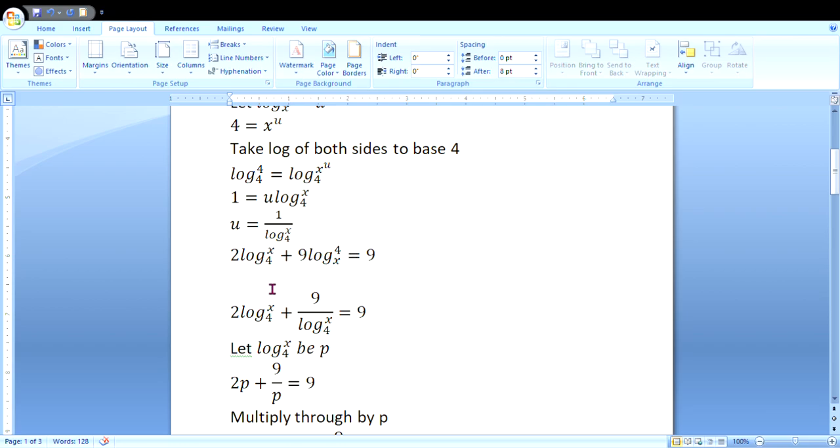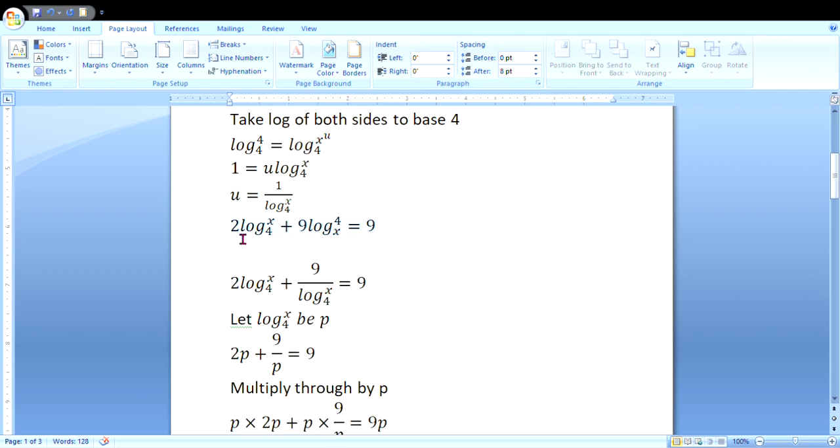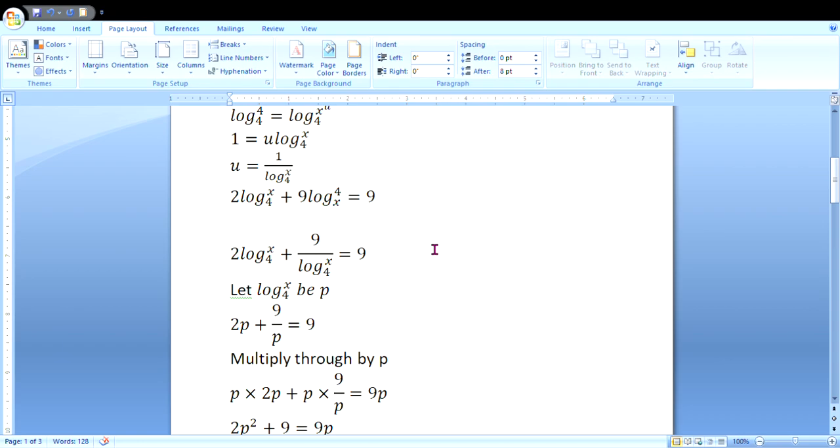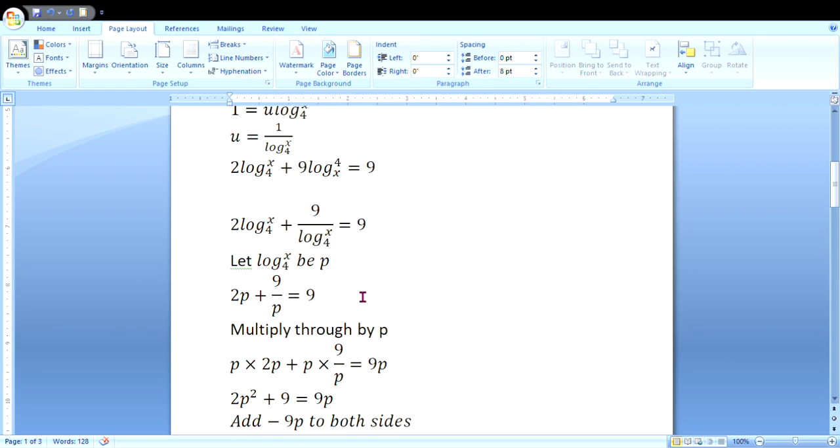Now we put this in our equation. The equation is 2 log x base 4 plus 9 log 4 to base x equals 9. In place of this, we replace it with 1 over log x to base 4. This becomes 2 log x base 4 plus 9 all over log x base 4 is equal to 9. Here we cannot solve yet.